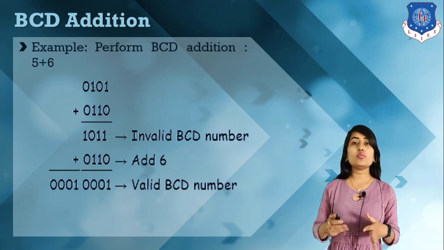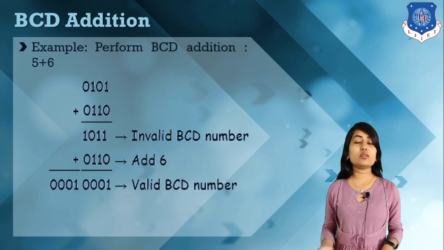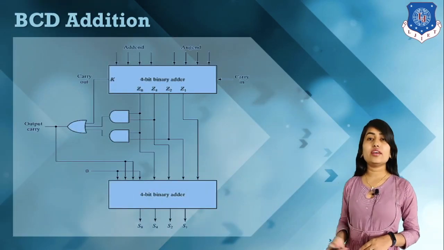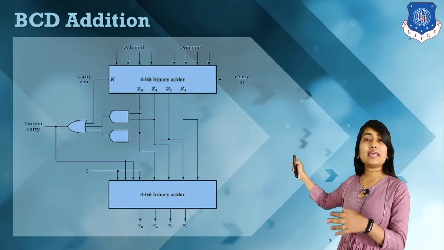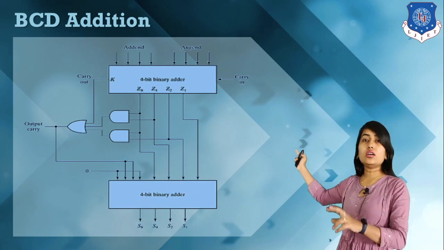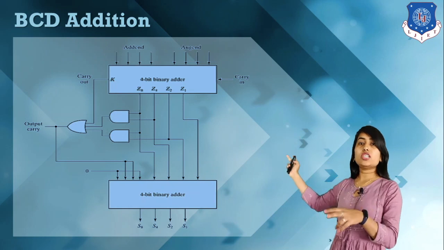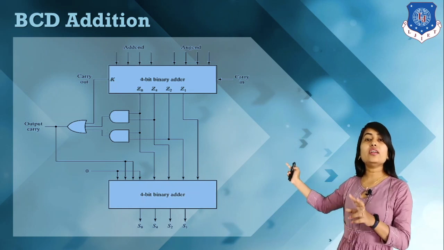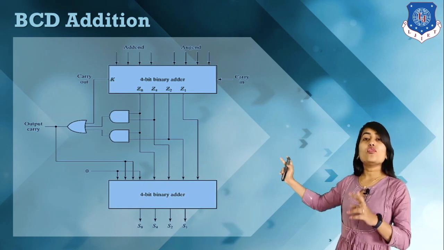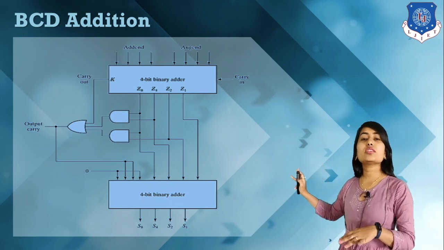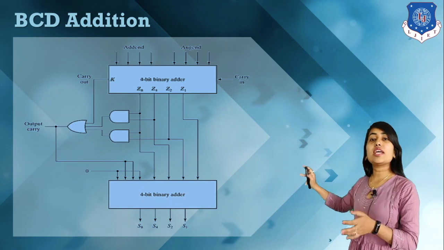How do we perform this BCD addition with a logical diagram? Here we have the logical diagram of a BCD adder. Here we have a first binary parallel adder, to which we give inputs A and B, both BCD numbers. This binary parallel adder generates a binary sum, which is represented with Z8, Z4, Z2, Z1.